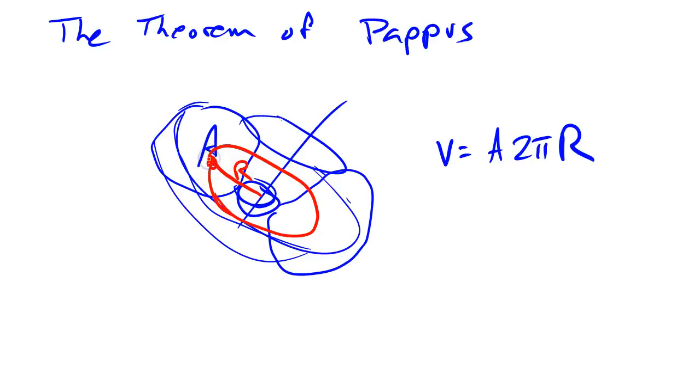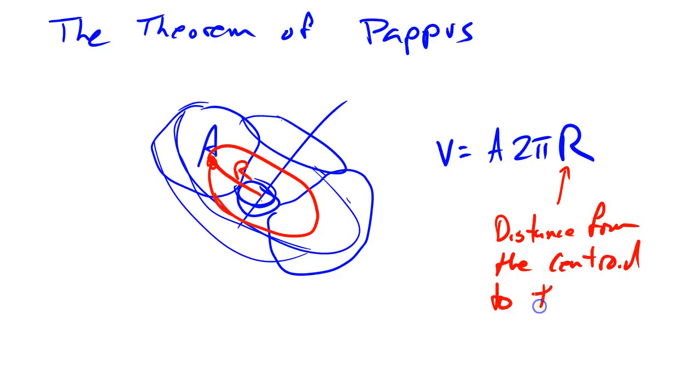Figure out where the centroid is, and figure out how far the centroid is from the axis. So r is the distance from the centroid to the axis of rotation.